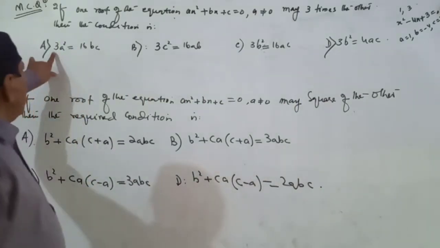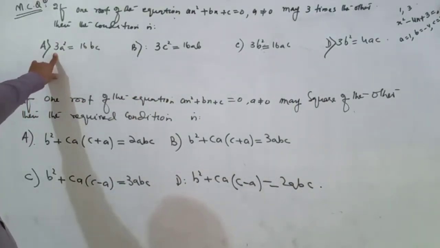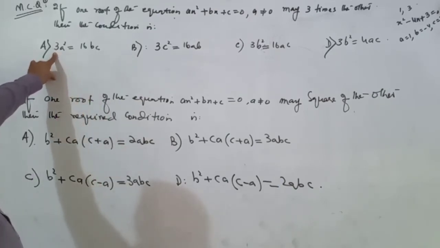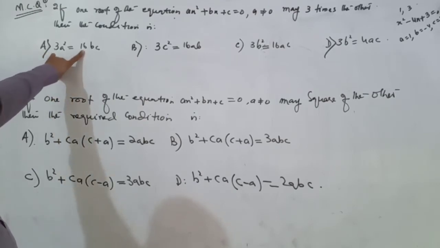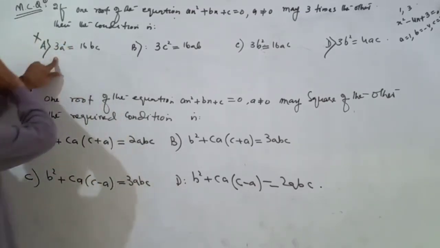So 3a square means 3 into 3 square, 3 square 9, 9 times 3 is 27, which is equal to 16 into minus 4 into 3. 27 cannot be equal to minus 64. This option is wrong.